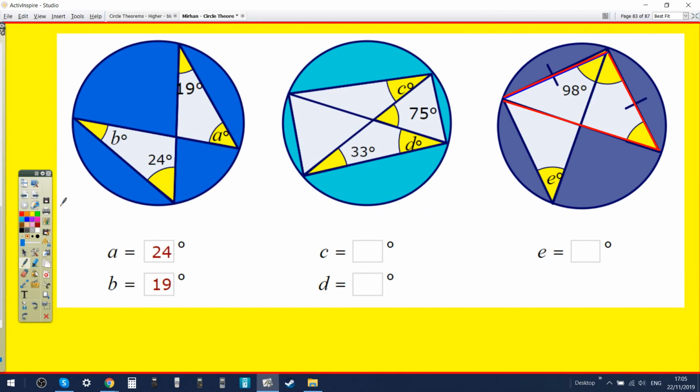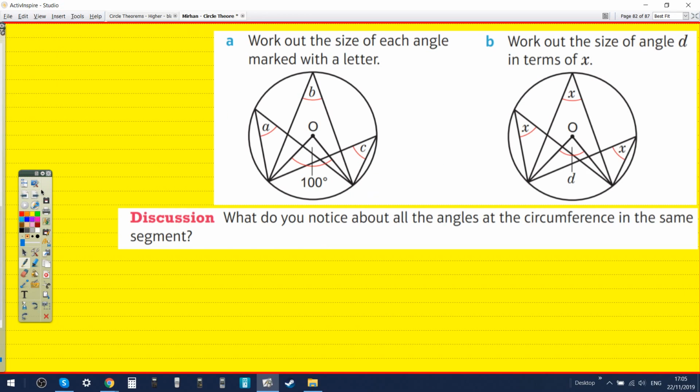Before we do these, I'll do something. Do you already know how these ones work? This type of shape. Basically, these are angles of circumference in the same segment.